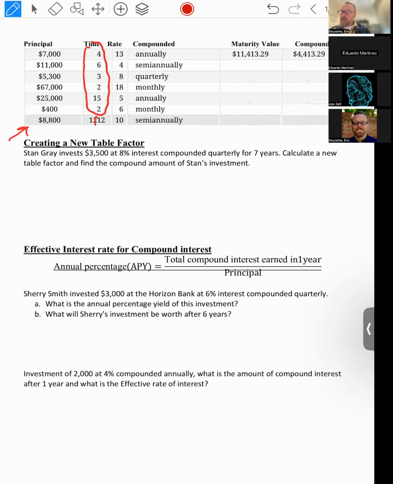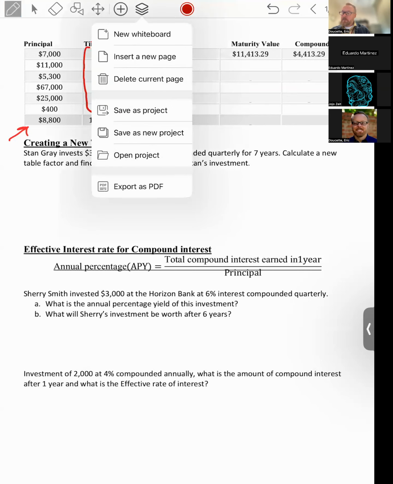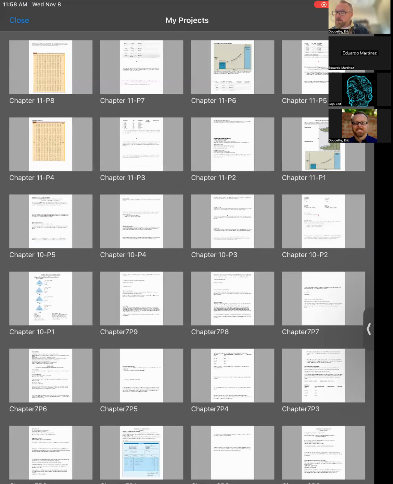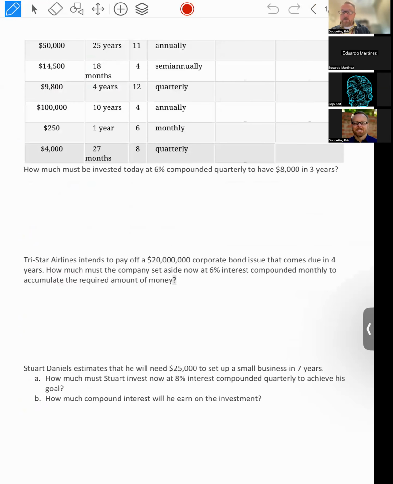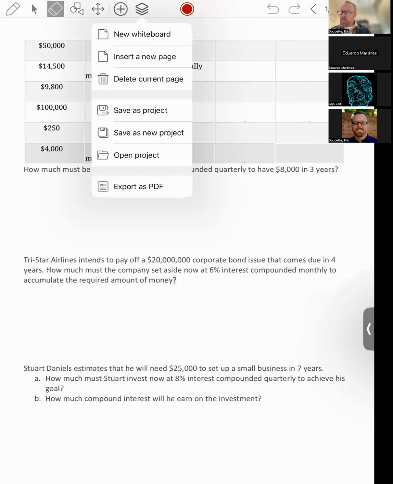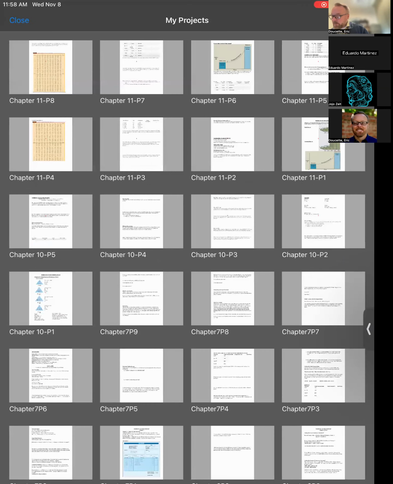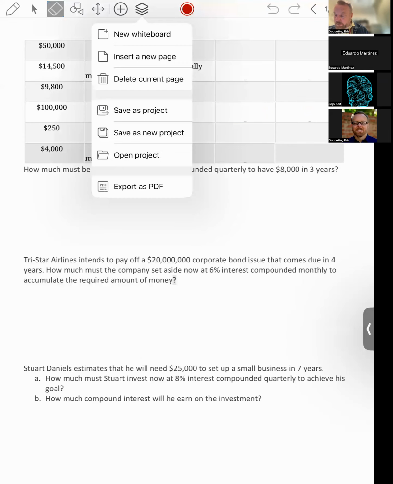My bad. I wondered what was going on. This is for something else. Let me open a different one. I think the one I want is this? Nope. I don't think I have the page. Maybe I didn't do it. Let's see. Open project. All right, so I don't have the right sheet here, so I'm just going to do a blank sheet for now for this next one. So give me just a new whiteboard here.